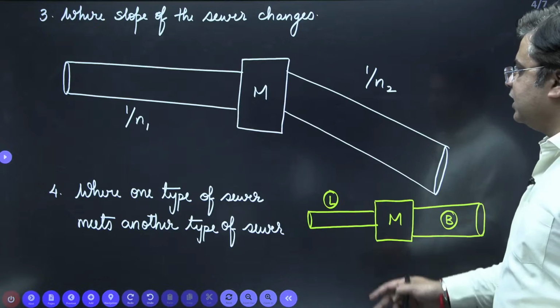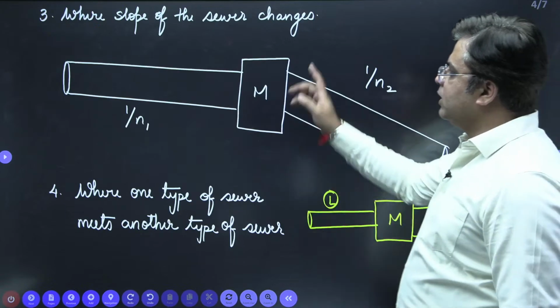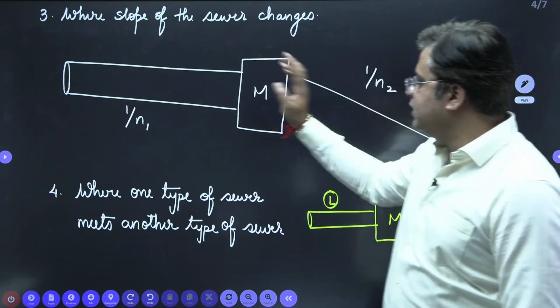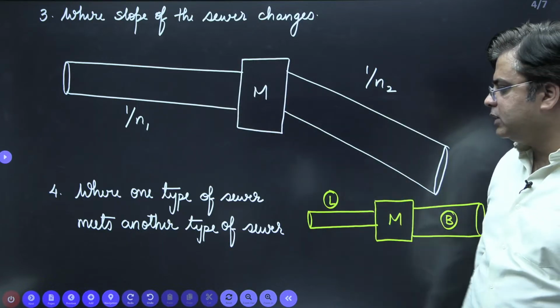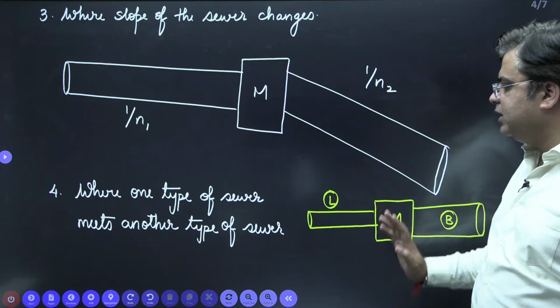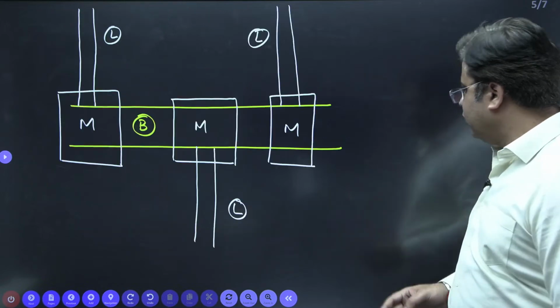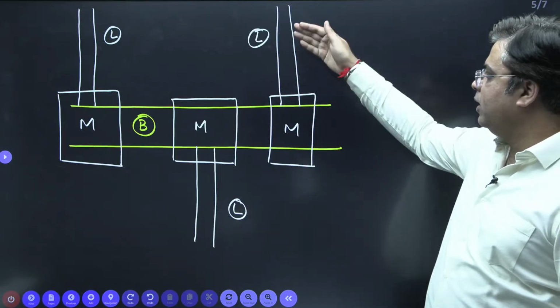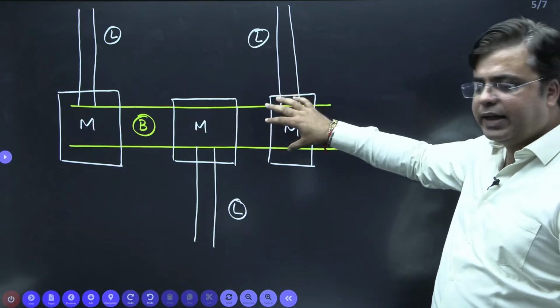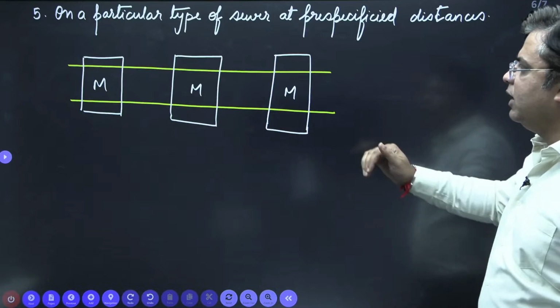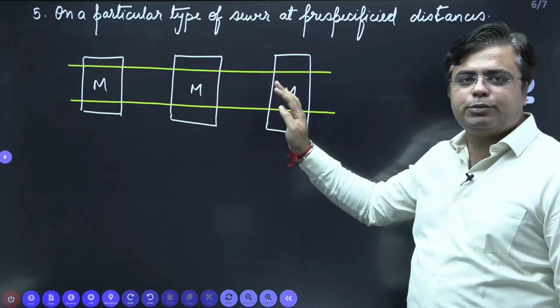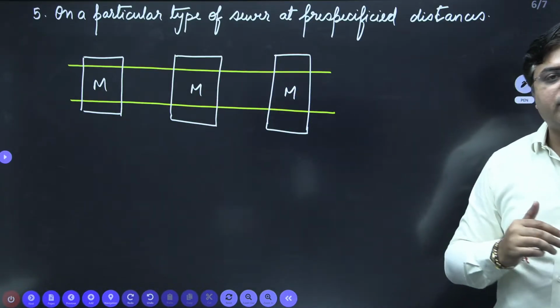The third location is wherever the slope of the sewer changes, so that change in slope has to be made using this manhole. The fourth is whenever one type of sewer meets another type of sewer, there you need to provide a manhole. This is the example, lateral meeting the branches. So every time you need to provide these manholes. Next one is in a particular type of sewer at some pre-specified distances, you need to provide these manholes.